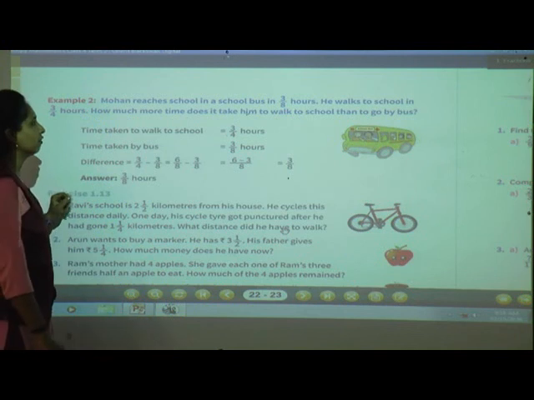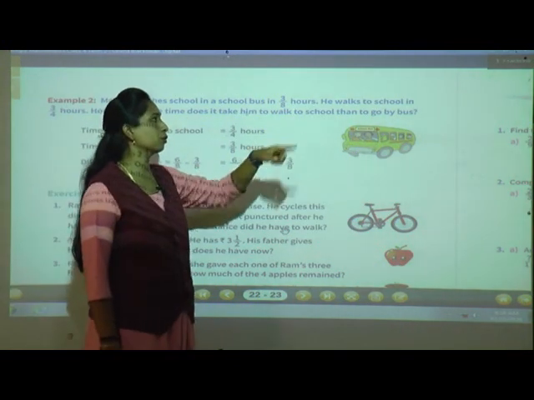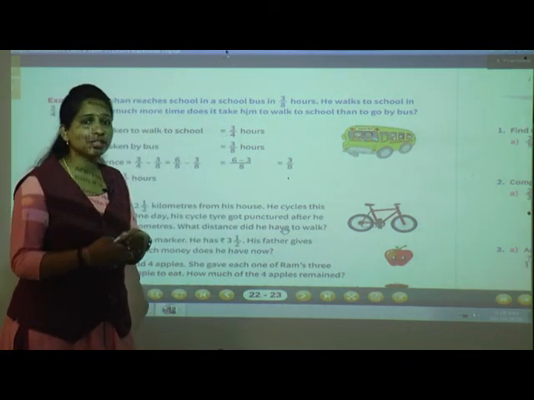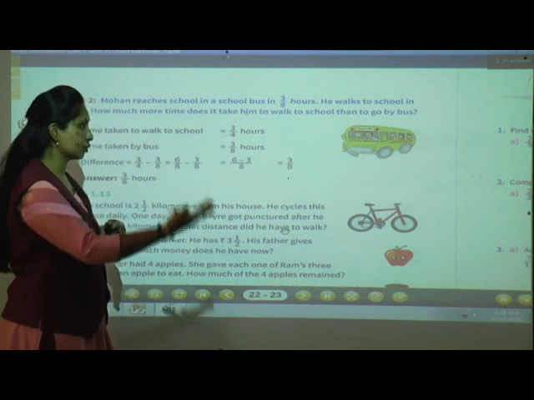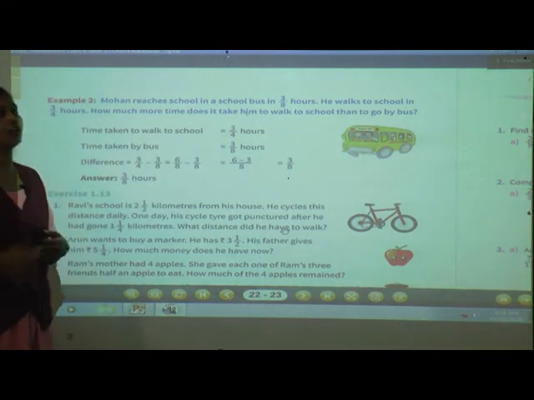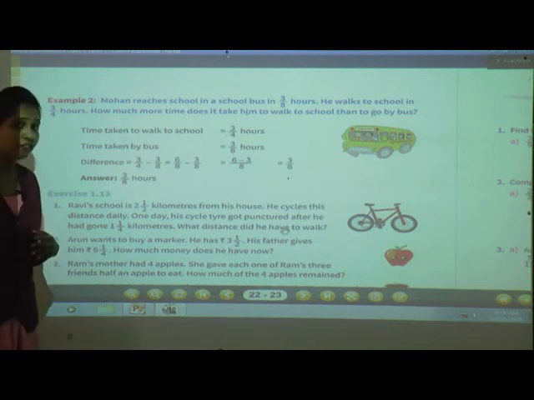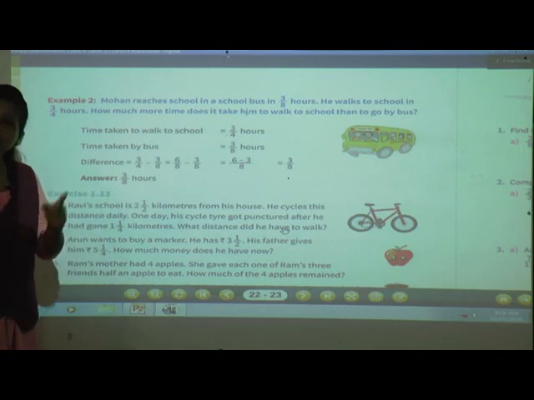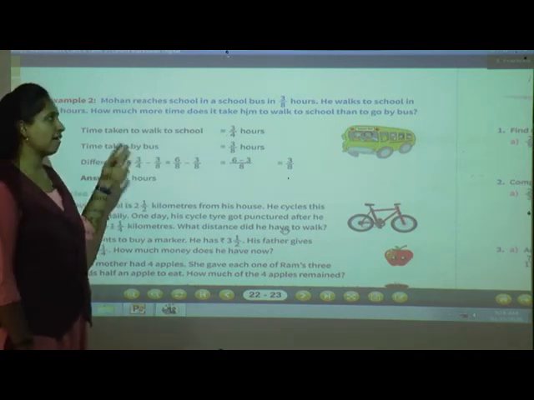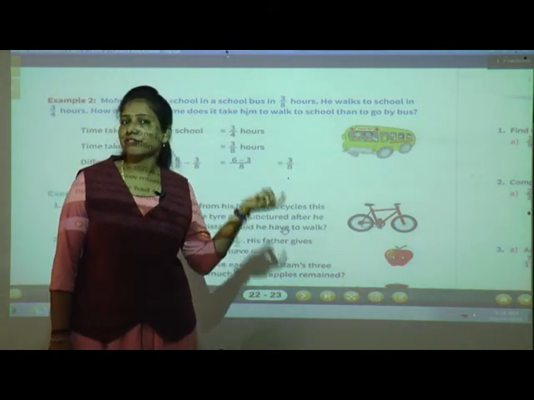So what we have to find out is how much more time it takes him to walk to school than to go by bus. So we have to compare how much time it takes by bus and by walking. What is the difference? So for this, students, we have to subtract, isn't it? Suppose I give you an example: in this question they have given fractions.